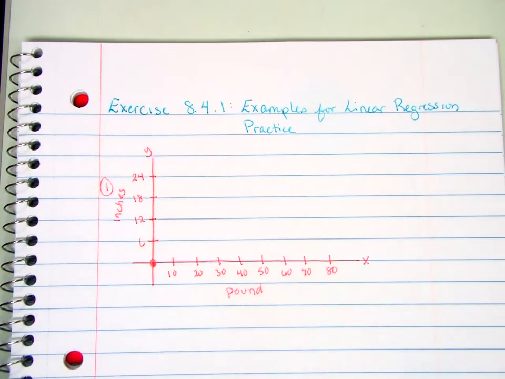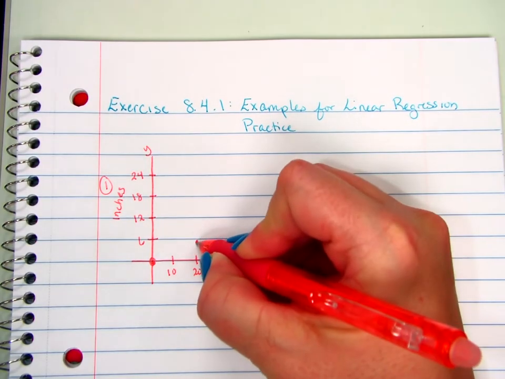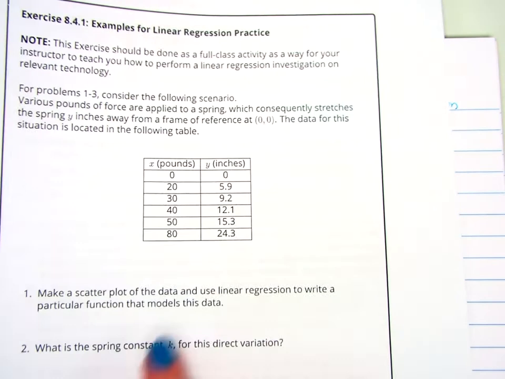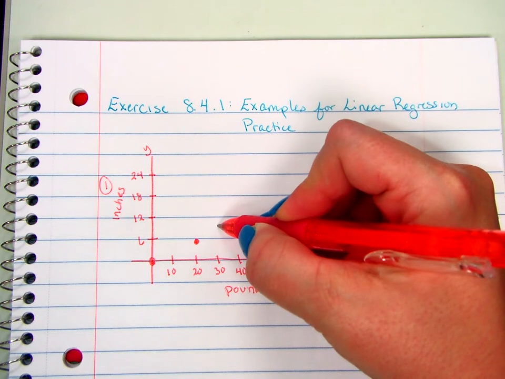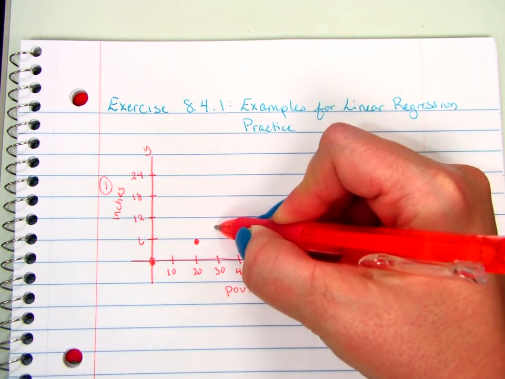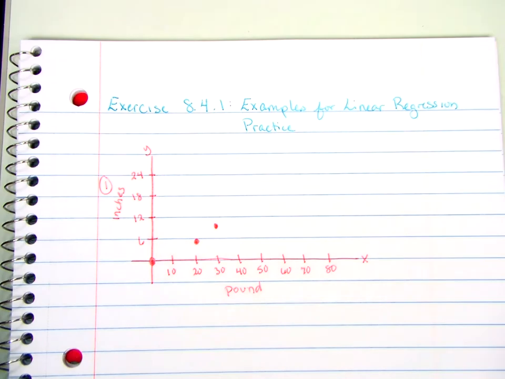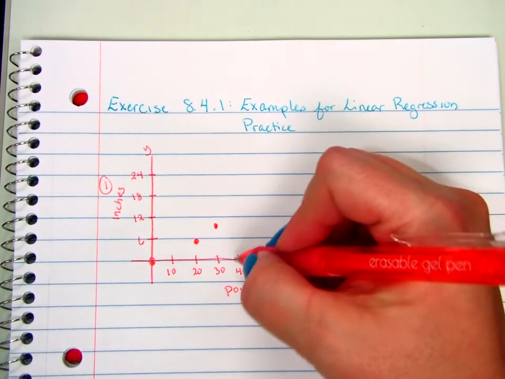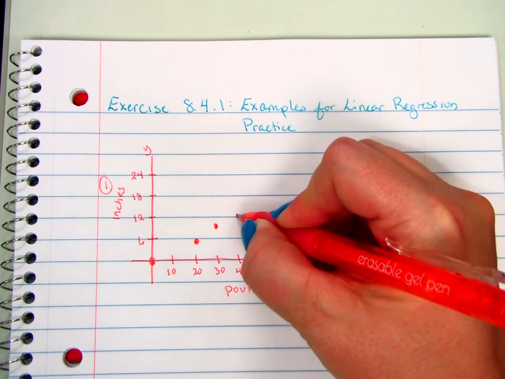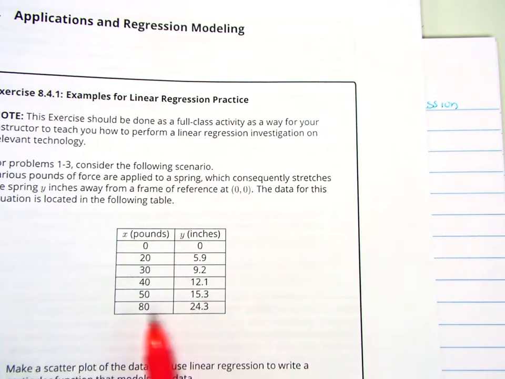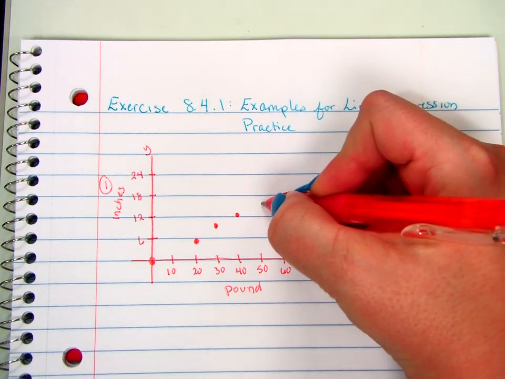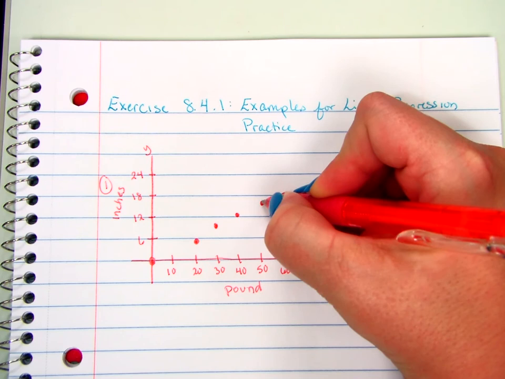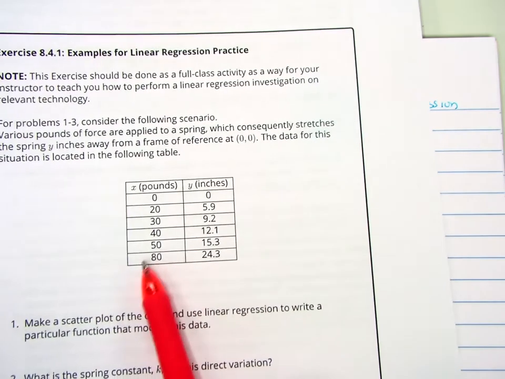So 0, 0. 25.9, so just under 6. 30, 9.2. 39.2 is just going to be a little more than halfway between 6 and 12. 40, 12.1 is just barely above 12. 50, 15.3. 15.3 is a little more than halfway between 12 and 18, because 15 would be exactly halfway.